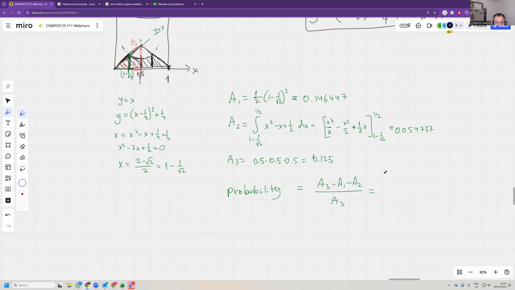That's going to be 0.125 minus 0.146. That's not possible. Oh, squared. I've got to square it.